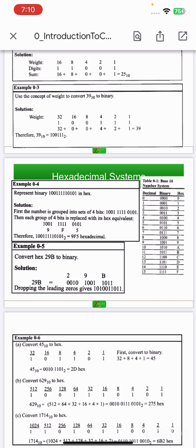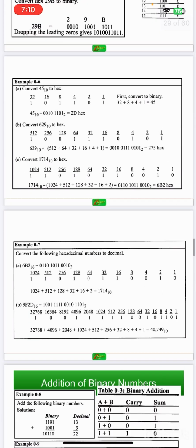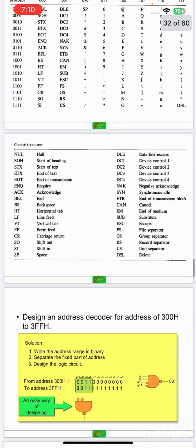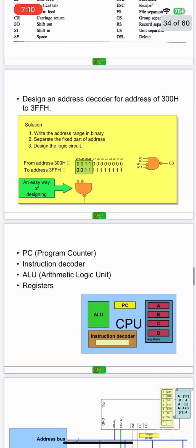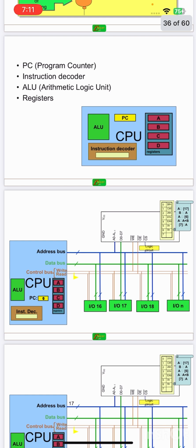We have already learned all these things in detail in DLD, so we are not going to talk about this. These are some common examples in which we have addition, multiplication, and other things. Now this is the main thing that we are going to talk about.